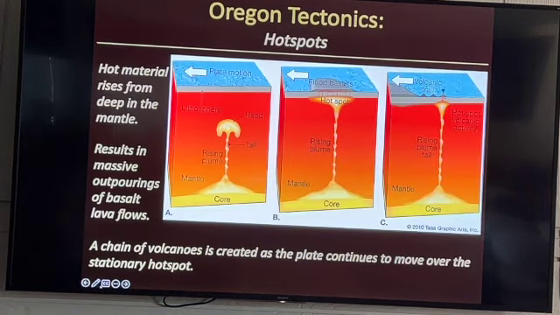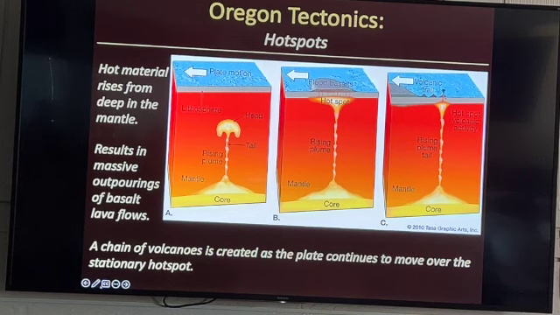All right, so let's zoom in on just a hotspot by itself. There's a lot of ongoing current research about hotspots and mantle plumes. The hotspot is the place on the surface where volcanic activity is occurring, but the mantle plume is thought to come up from somewhere deep in the mantle, and we can image the interior of the Earth, much like we can image the interior of ourselves using similar types of technology, but we don't fully have a solid understanding of, do these mantle plumes exist in the way that they're drawn here?